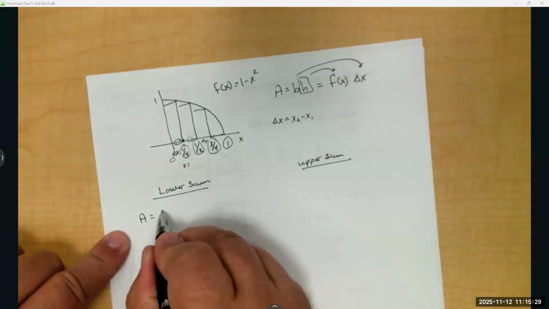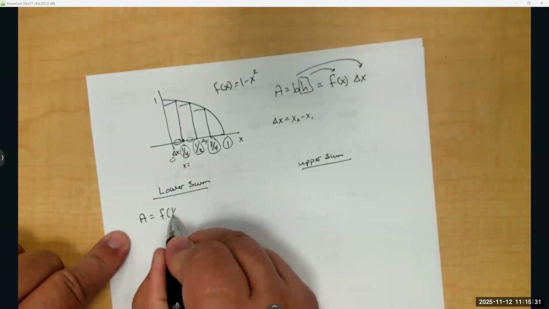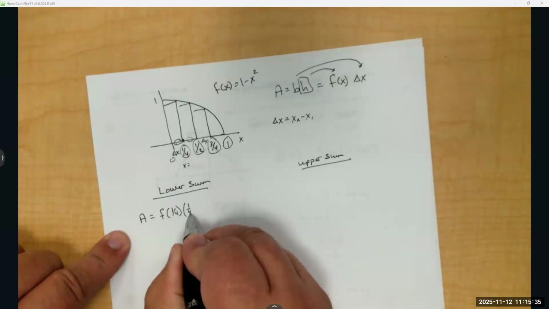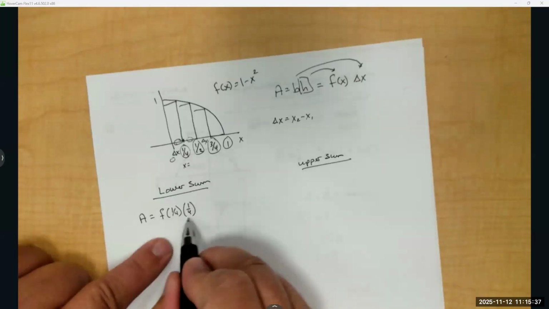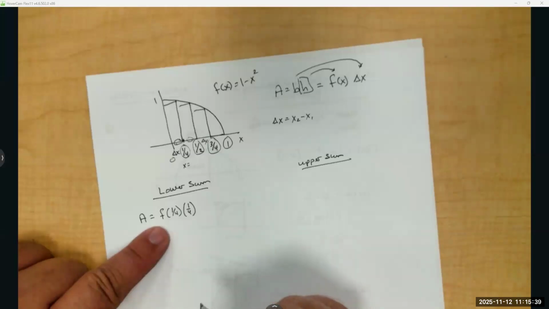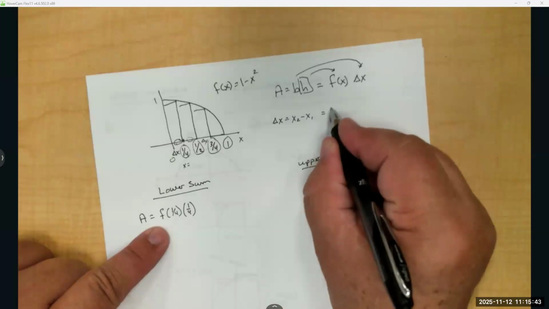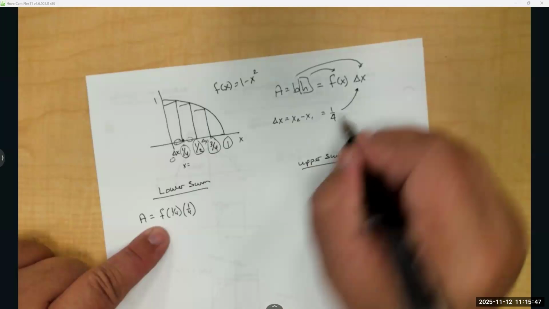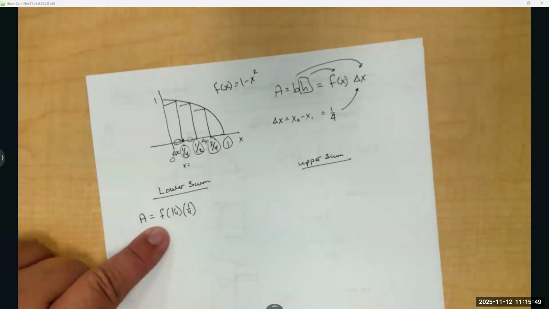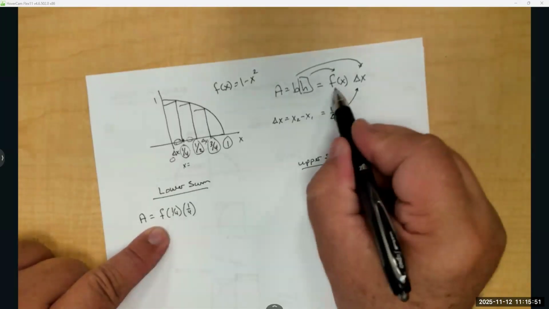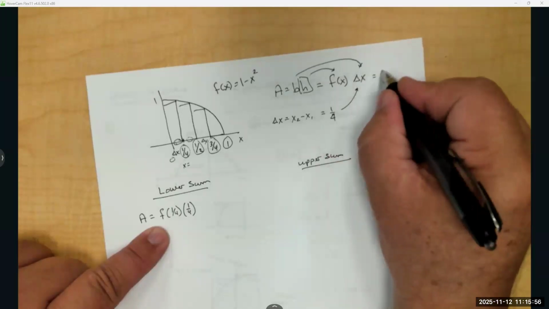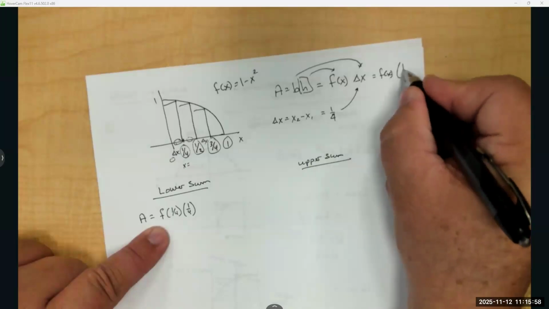So we have f of 1/4 times 1/4. Why is it 1/4 times 1/4? Because all my delta x's are 1/4 wide. So it's going to be f of x times delta x. Delta x is 1/4, so it's f of x times 1/4.